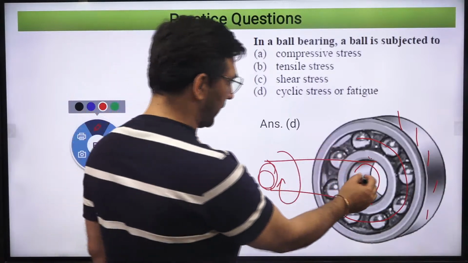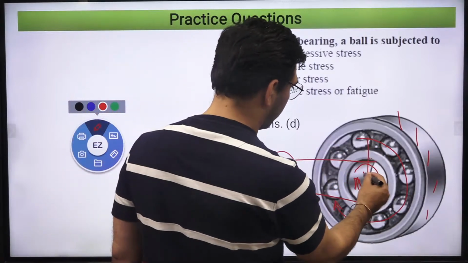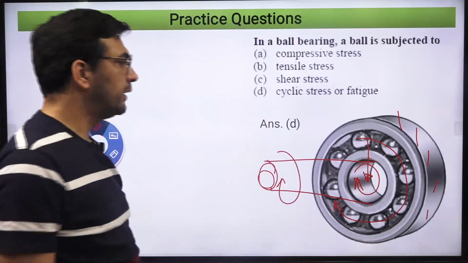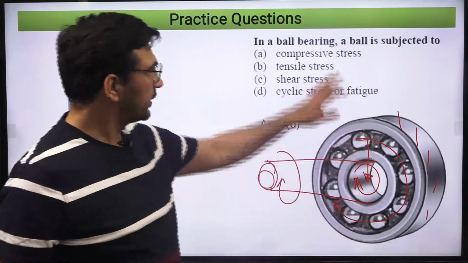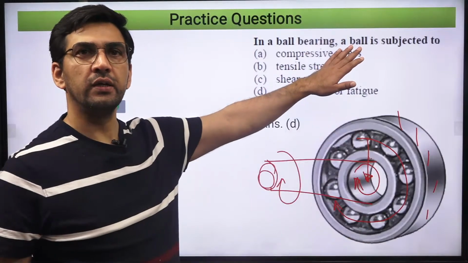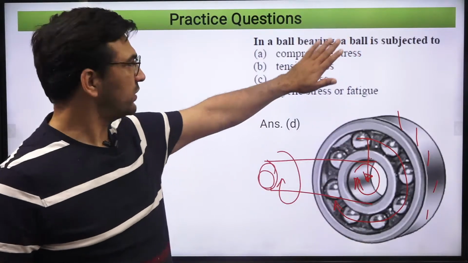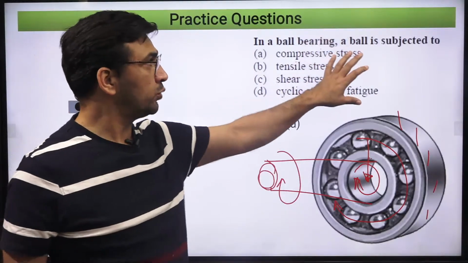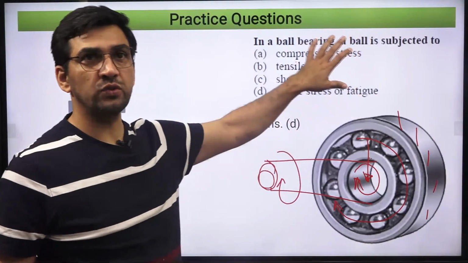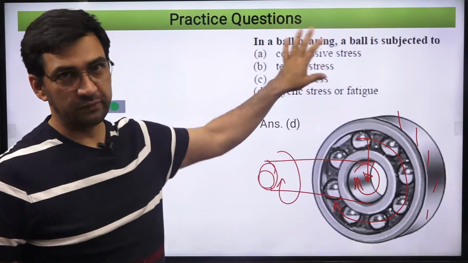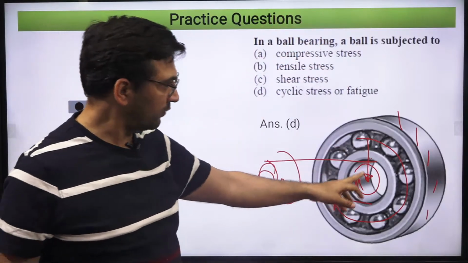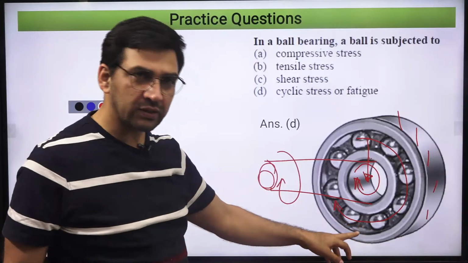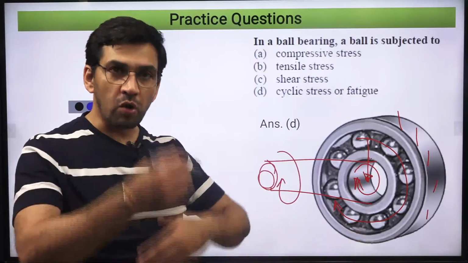And since you are applying a load through this particular shaft, definitely what is going to happen? Compressive stress is acting, that is okay. But what should be the most appropriate answer? In such questions, you have to give the most appropriate one. When you apply the load, the balls get compressed, but at the same time the balls are rotating.